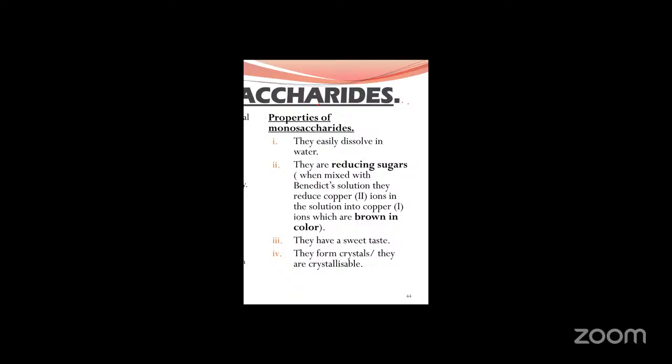Now this is an experiment which you're going to carry out when we plan for one experiment, because we need to carry out tests for carbohydrates. We look at the test for reducing sugars and non-reducing sugars. So we can suspend that characteristic for now because we're going to do a practical activity on that. But it is important that you note that monosaccharides are reducing sugars.